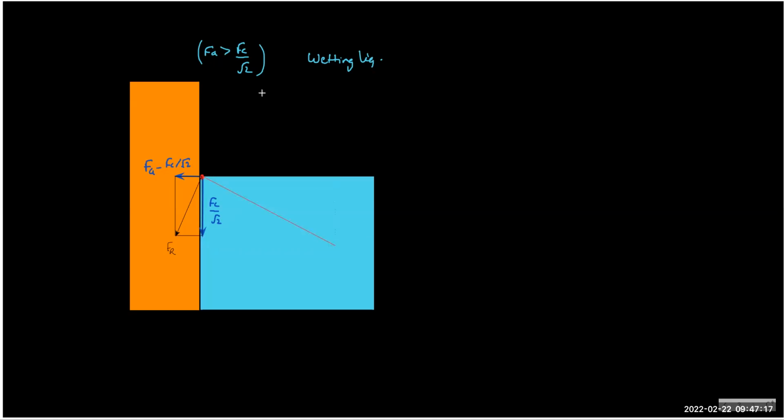So the free surface near the wall will be along this line. Now you need to understand this is near the wall, not everywhere else. At this position, the free surface will go like this, but as you go away, it will again become flat. The reason is the effect of the wall will vanish.